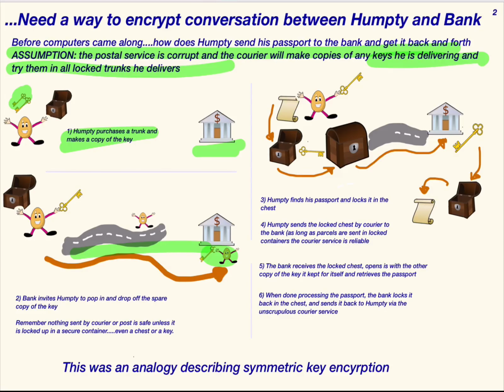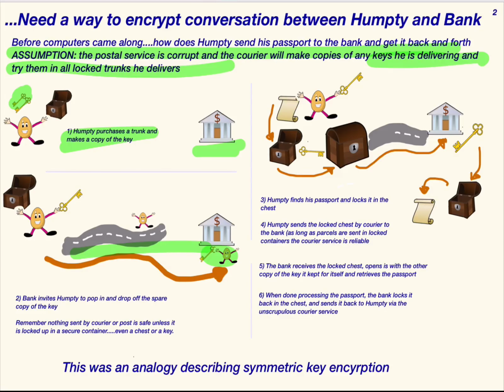So now he just takes that passport and drops it in the chest that he bought, and then he locks the chest with his own copy of the key, and then he sends that chest over that 500-mile road via this evil courier service. And what happens there is that because this box is locked, the courier can do nothing.